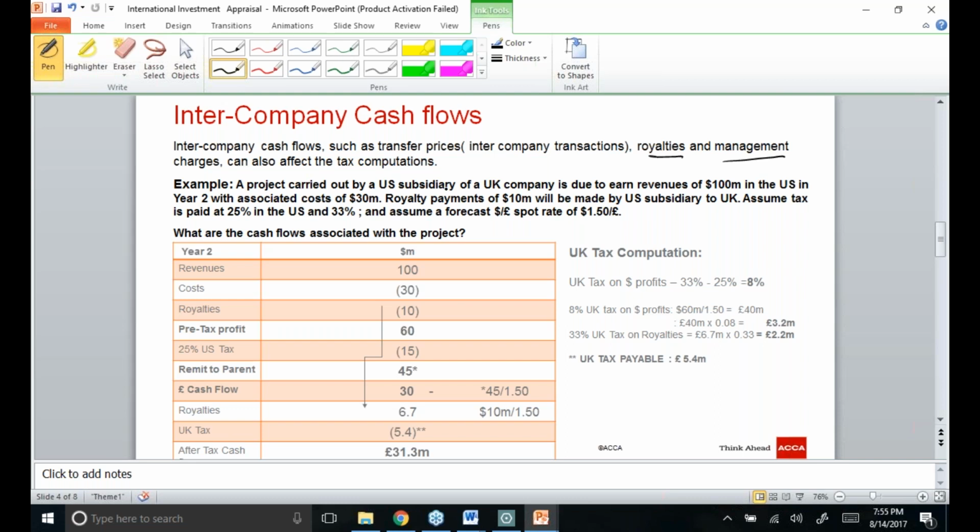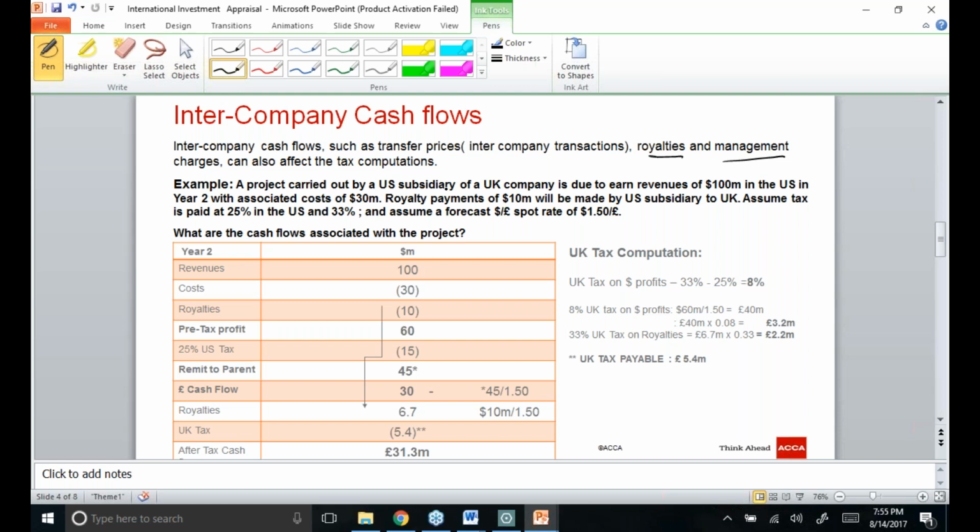For example, the parent company can sell goods to the subsidiary at higher prices, the subsidiary can pay royalties to the parent company, or the parent company can charge management charges to the subsidiary. From these areas, the parent company can collect some extra amount from the subsidiary.